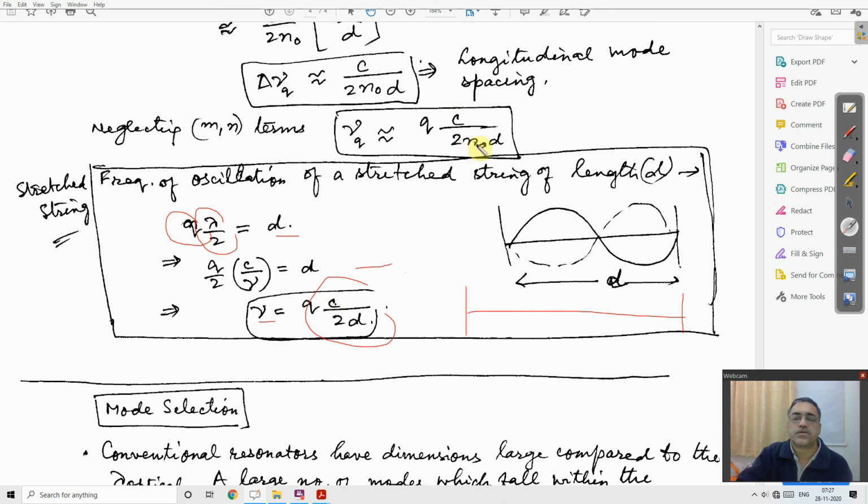So c by n naught is actually v. So it is not much different from this for sound waves or acoustics.